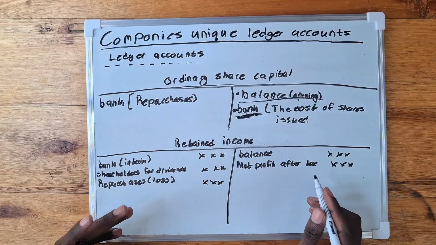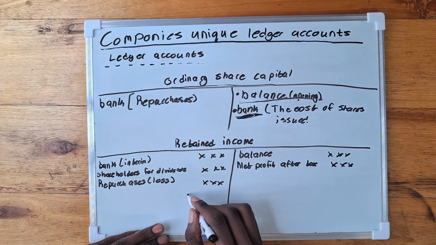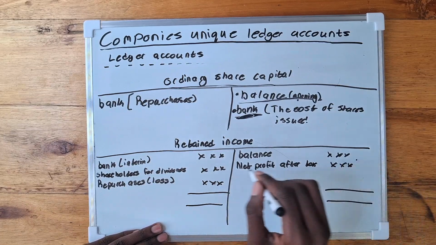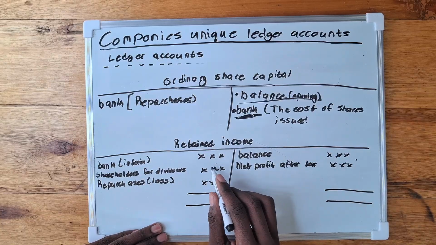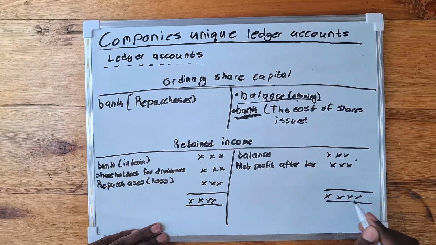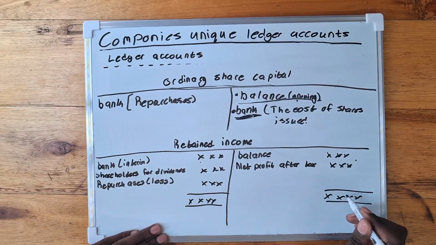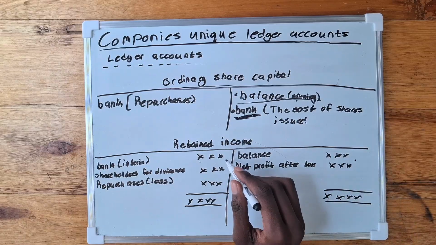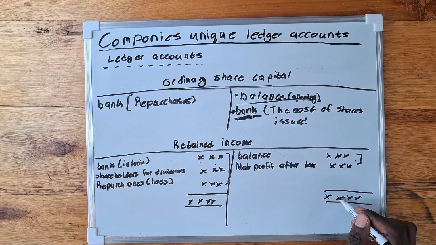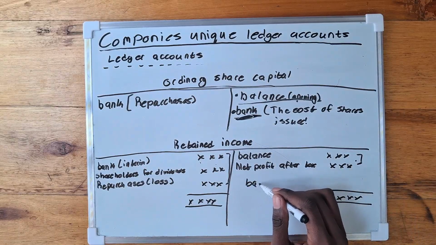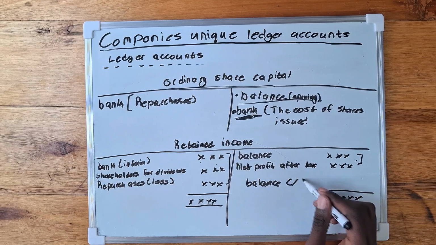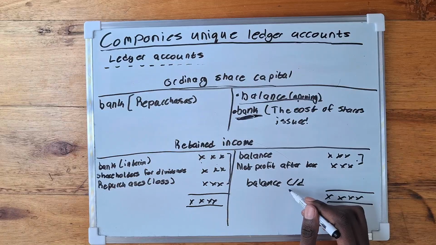After you do a T account like this, you just have to balance it. How do you balance it? You put your two lines here, then you find the biggest amount. Hypothetically speaking, let's say this is the biggest amount. Then you take the biggest amount and minus the smallest amount, which gives you a balance that you can carry down.